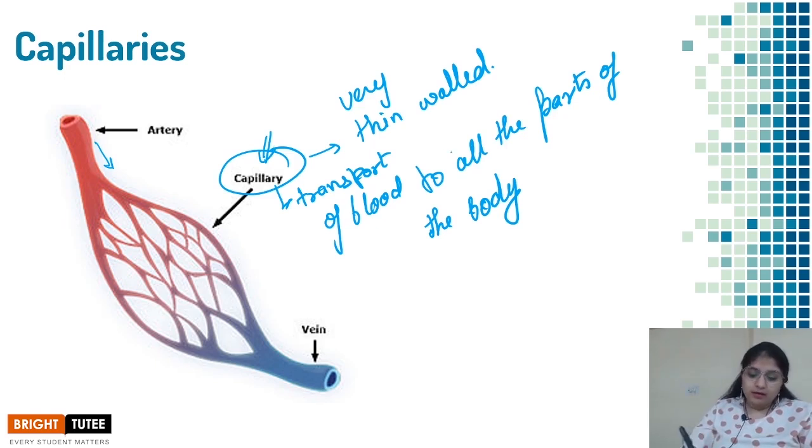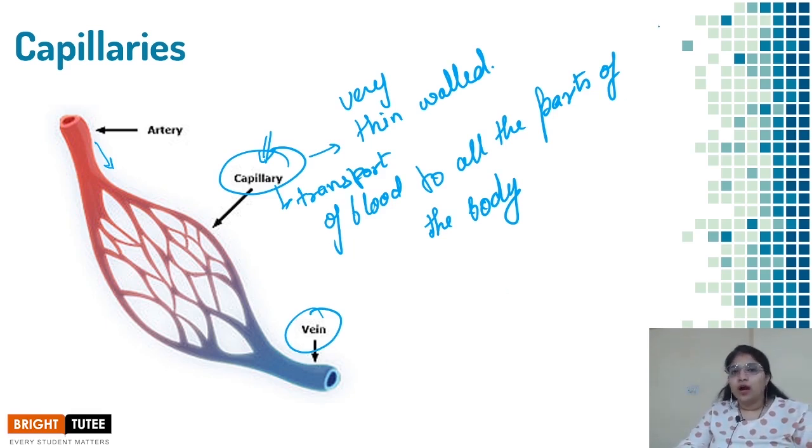Now, when the oxygen is transported to all the parts of the body, the capillaries combine to form the vein, because then they are carrying carbon dioxide, and this vein then further goes into the heart. So, understand that capillaries have a very important role in the transportation of carbon dioxide and oxygen to all the parts of the body, that is the collection of carbon dioxide from all the parts and giving oxygen to all the parts, right?